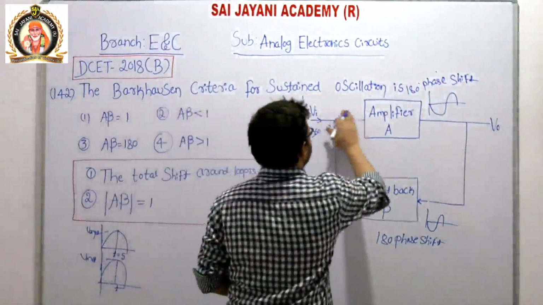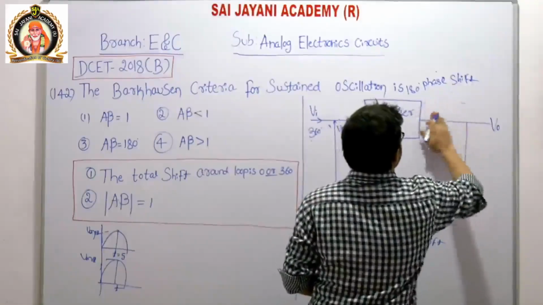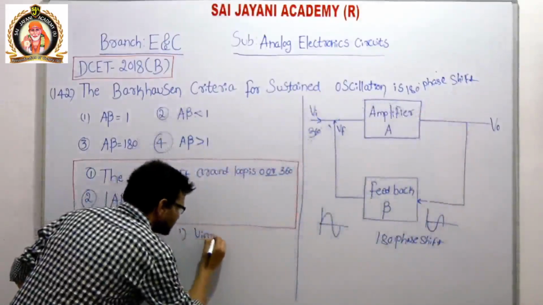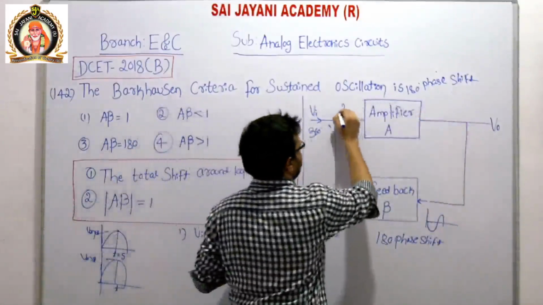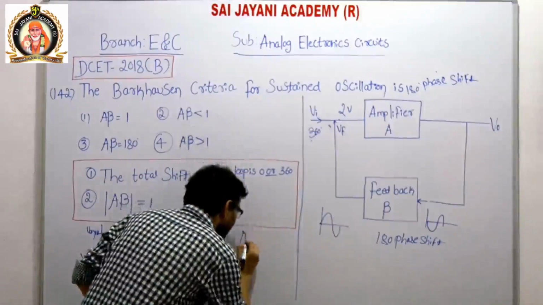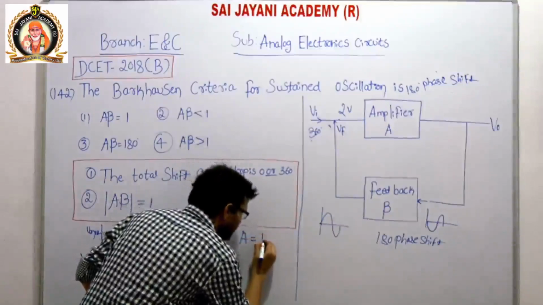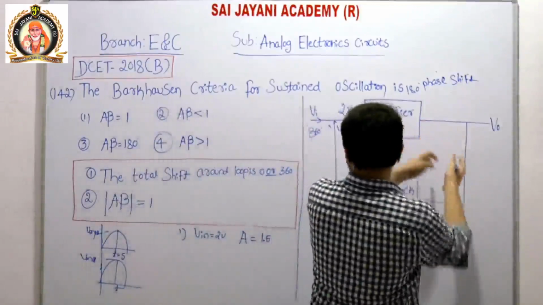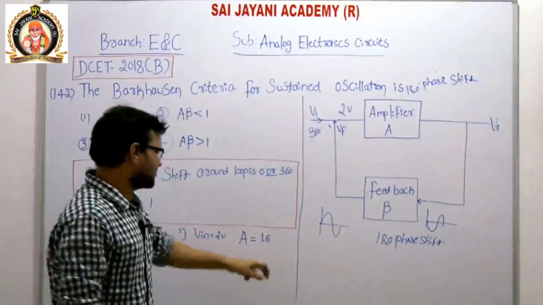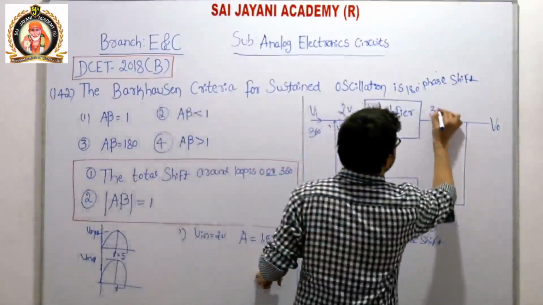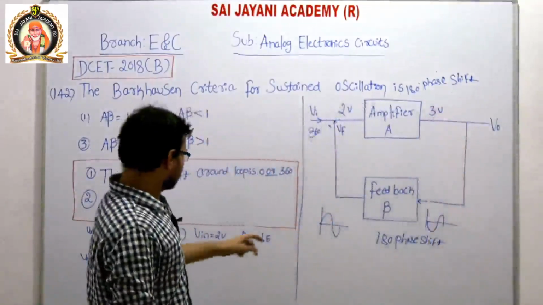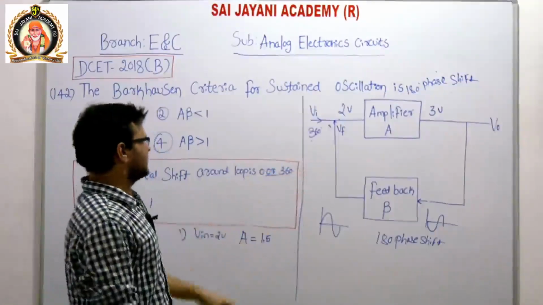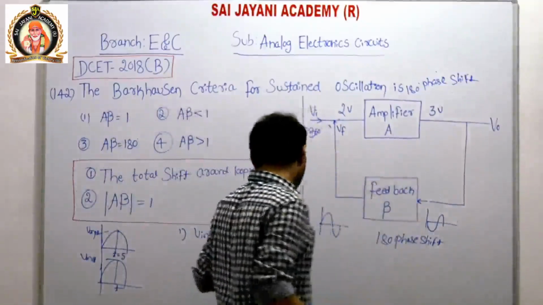Suppose you give an input voltage equal to 2 volts and the amplifier gain is 1.5. At the output of the amplifier circuit you get 2 into 1.5, that is 3 volts, because you are giving an input signal of 2 volts and the amplifier gain is 1.5.